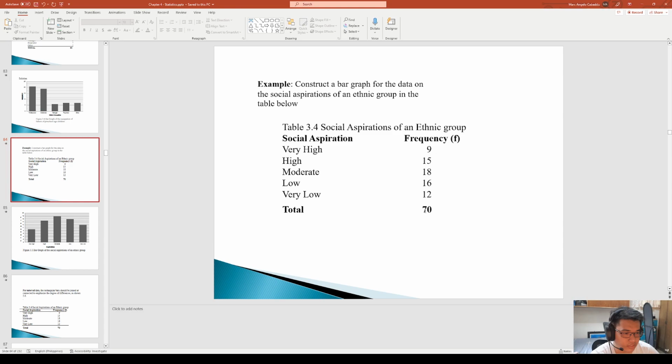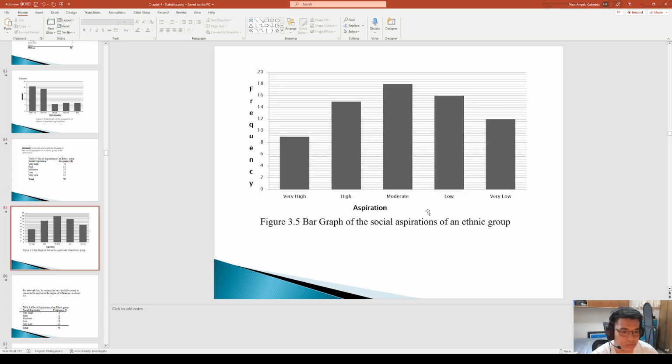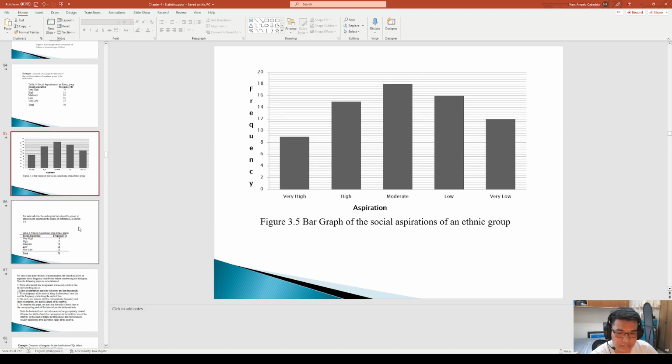Remember, discrete 'yan. So this time, the same frequency for the y and yung x ay yung categories mo. So very high, high, moderate, low, and very low. Okay? So this is how you create a bar graph for an ordinal data.